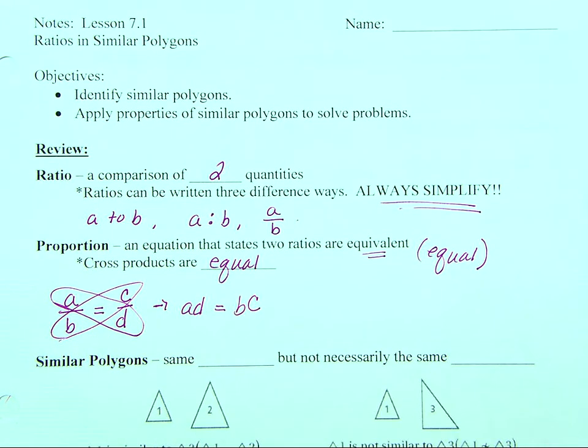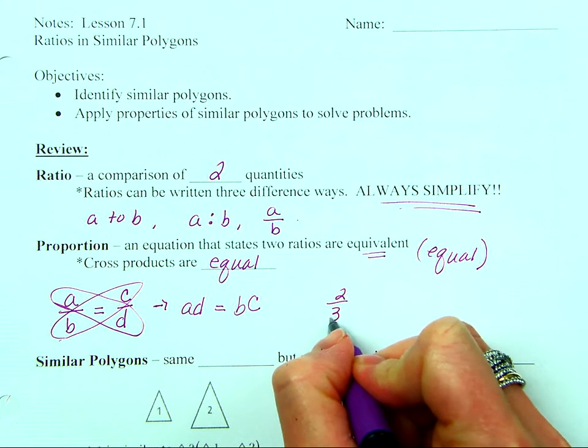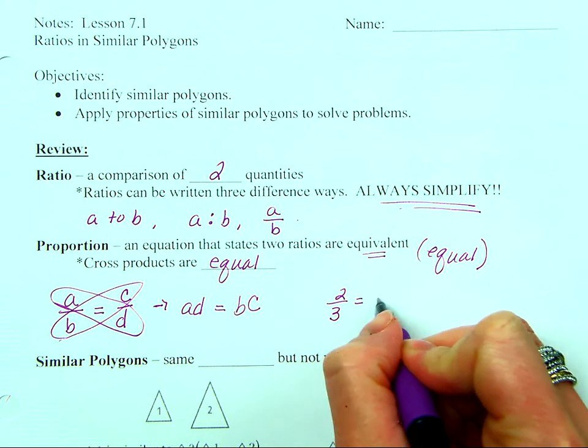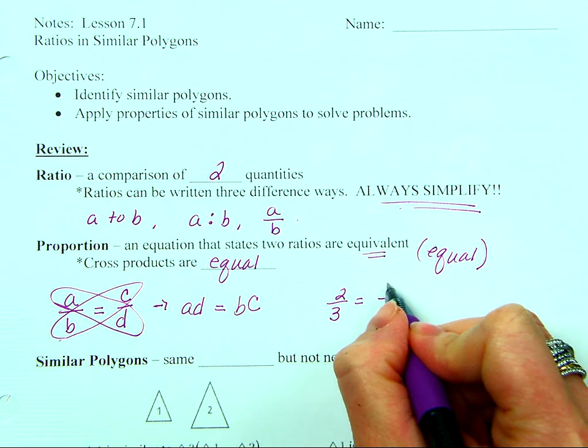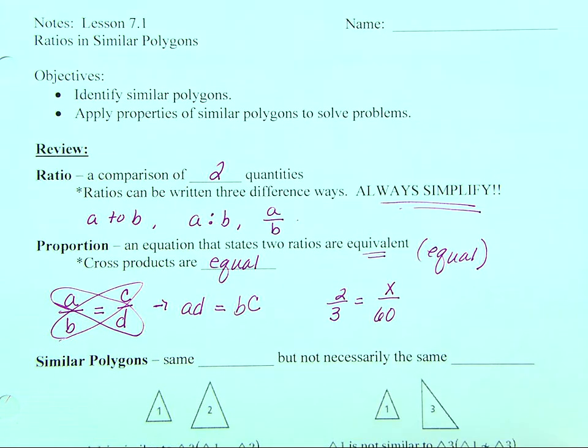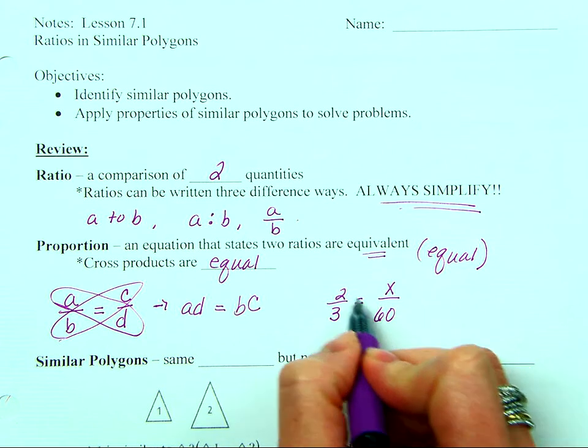It might be a little easier to look at that as numbers. 2/3 equals x over 60, and let's say we're trying to find that top number. You solved your proportions in middle school. A lot of times you used your cross products.